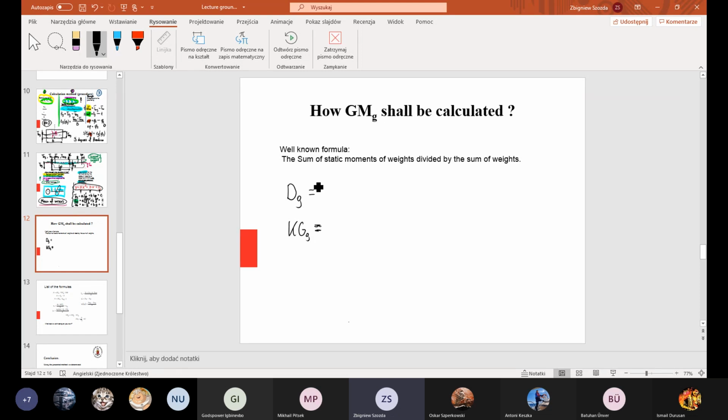So you said the first step could be determination of the displacement after grounding, then calculation of the vertical coordinate of the center of gravity after grounding, and the last step you didn't say, GM after the grounding. The vertical metacenter point after grounding, also we need it.